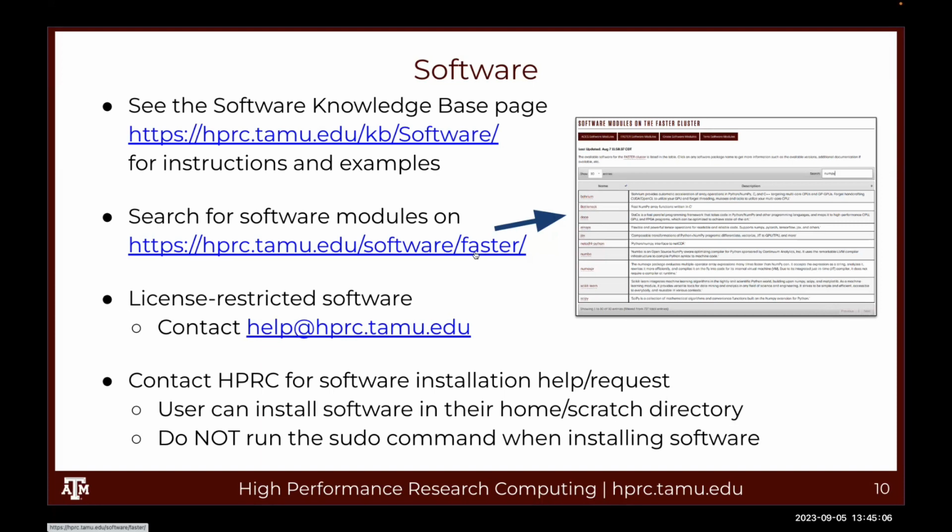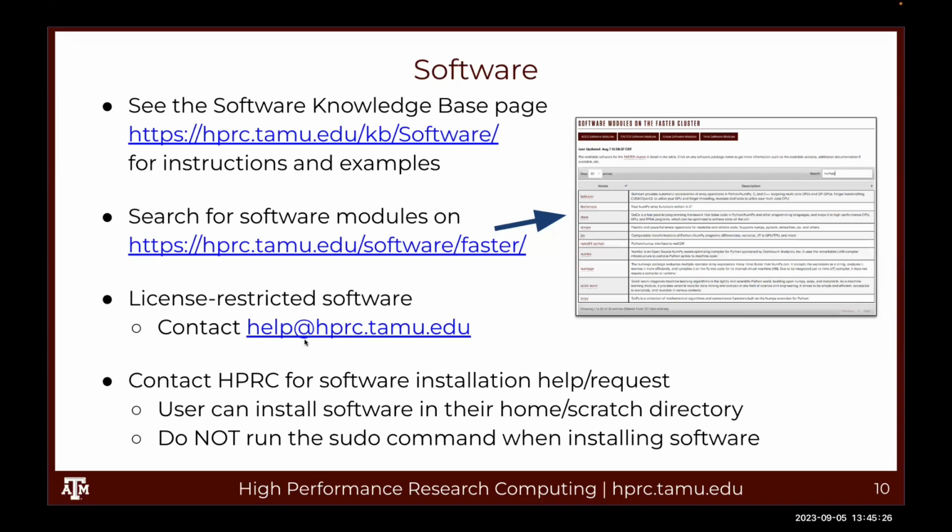If you need any software that does not have a public license and needs you to request a license or some other sort of checkpoint before you can use it, you can go ahead and contact us at help@hprc.tamu.edu, and we can help you through that.